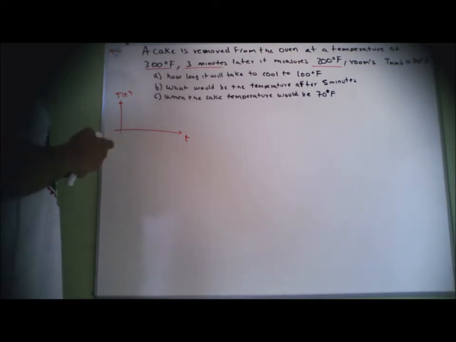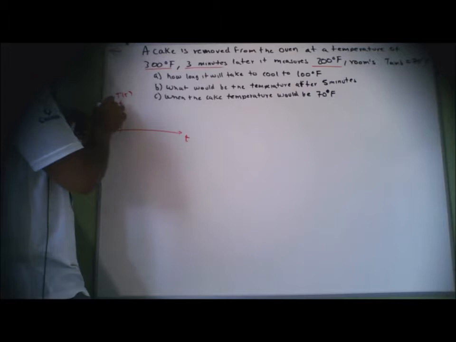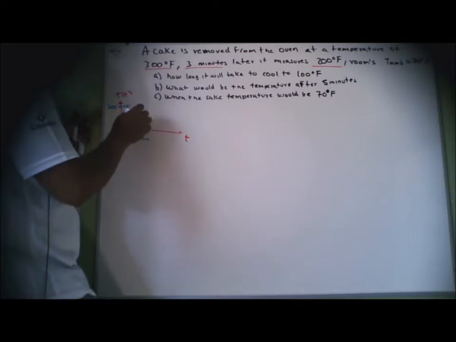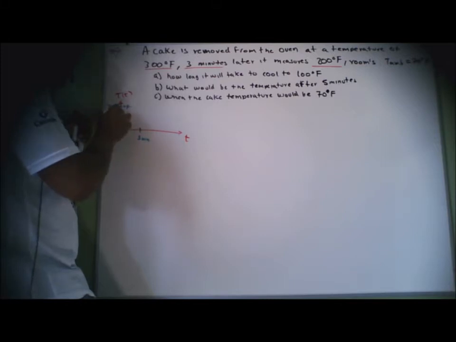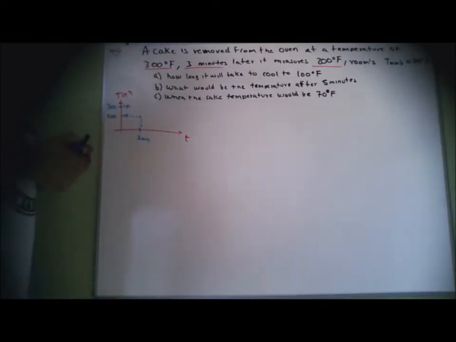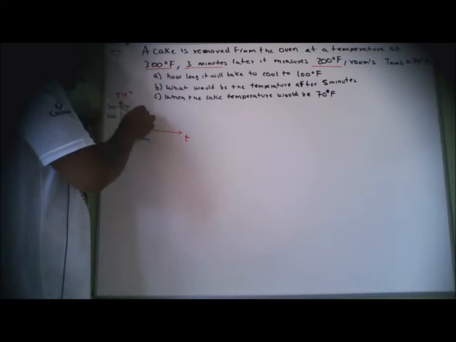So here then this is going to be 300 degrees Fahrenheit. And then it says that 3 minutes later it is measuring 200 degrees Fahrenheit. So it's at this point. So it started from here and is going to go down.